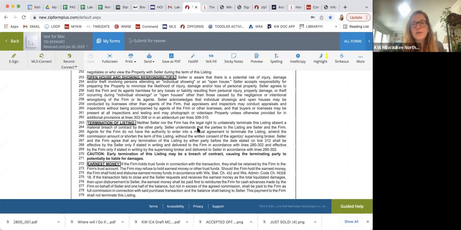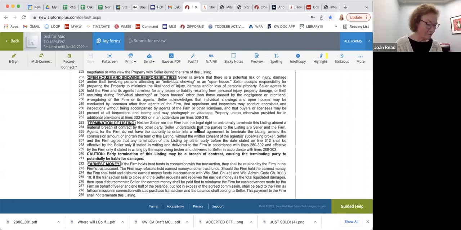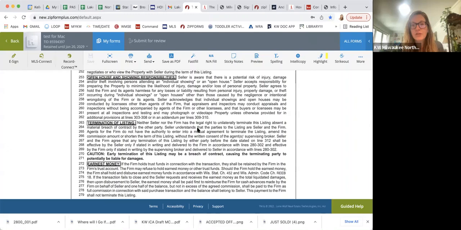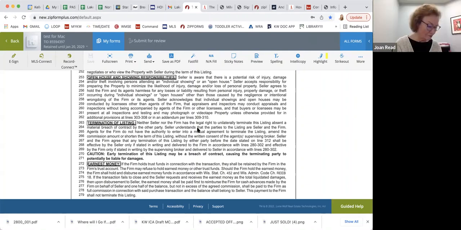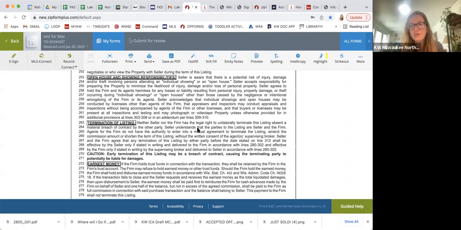That was negligence on the part of our agent, and they were responsible for paying for fixing the wood floor that got damaged. So just a reminder to you guys, make sure you're being vigilant about checking doors and that the property is in the same condition as it was when you got there, either for a showing or for an open house.